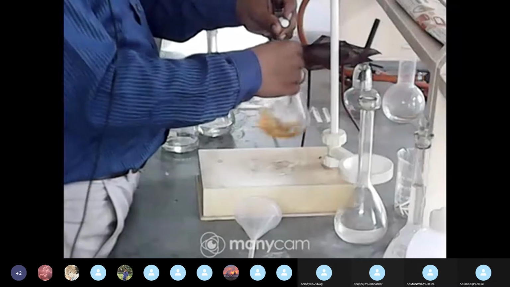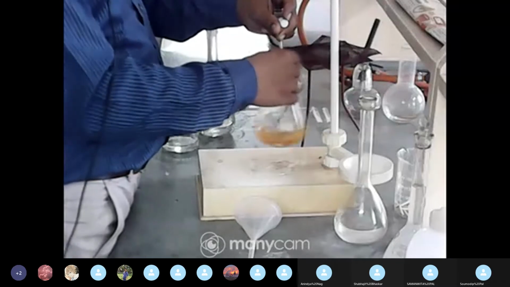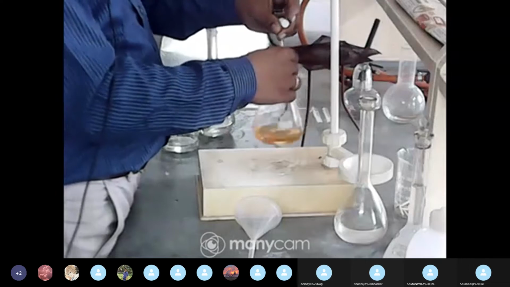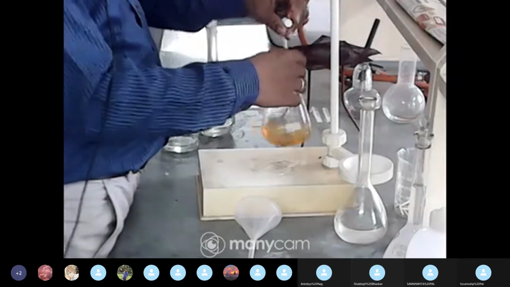Don't run the solution from the burette continuously. Just add drop wise so that you can find out the end point easily.